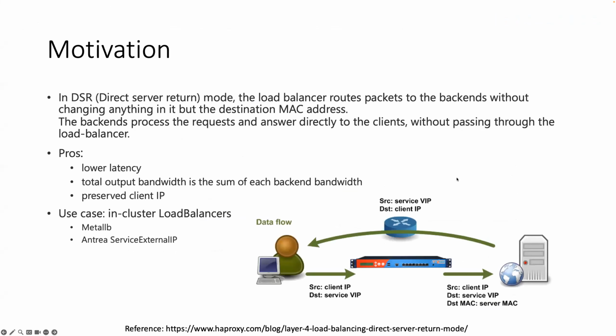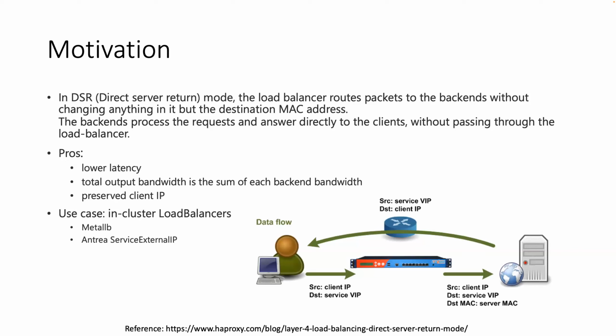The motivation is that currently we implement Antrea proxy in symmetric mode, in which the traffic will always flow in the same path, both for the request and the response.